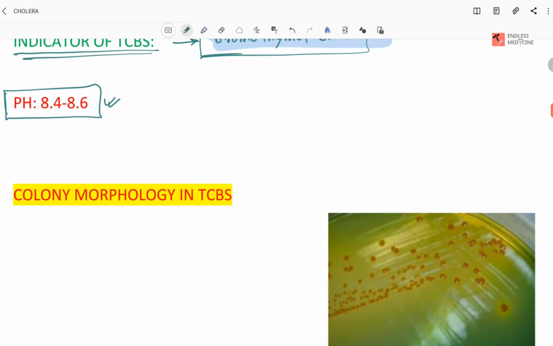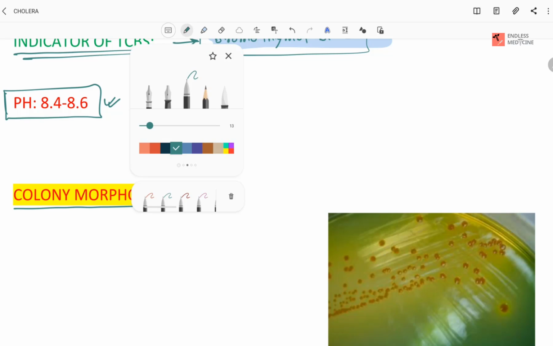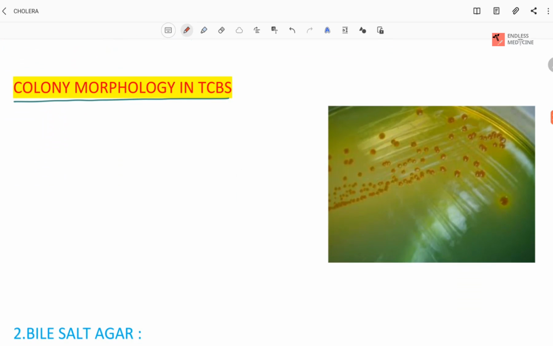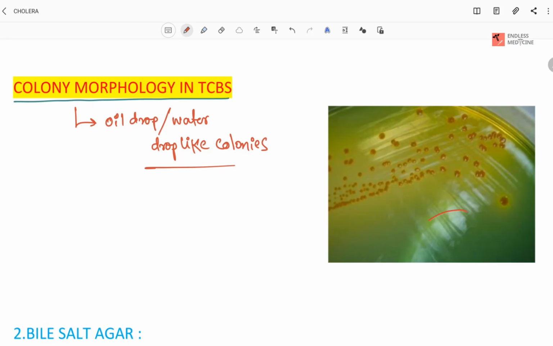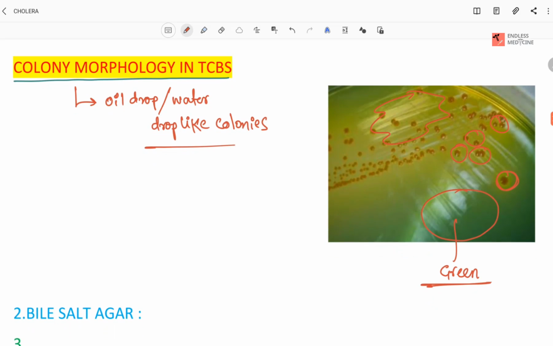So colony morphology in the TCBS media: here we will find oil drop or water drop like colonies. Here the color of the TCBS is green, but due to the fermentation of sucrose it transformed into yellow color, and here you find oil drop or water drop appearance of colonies.